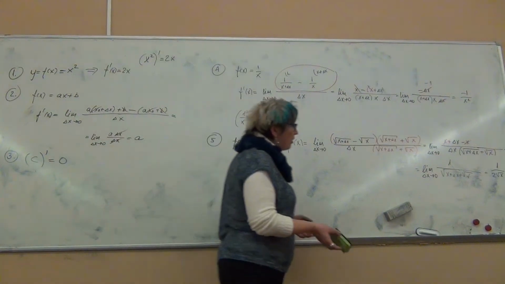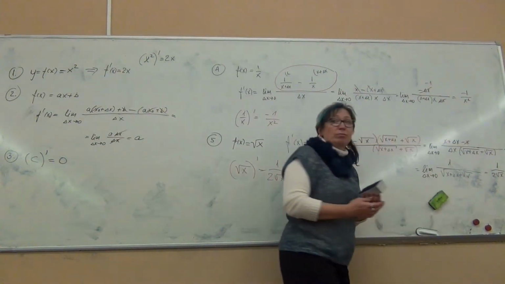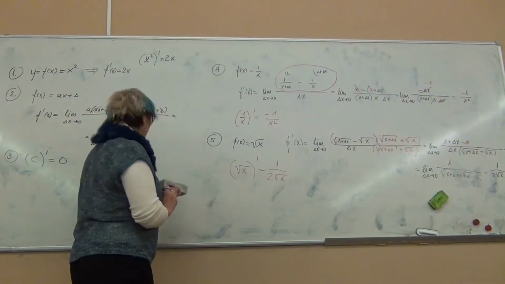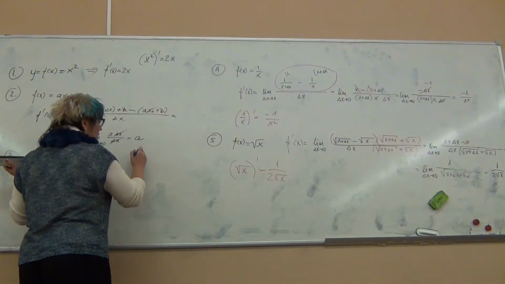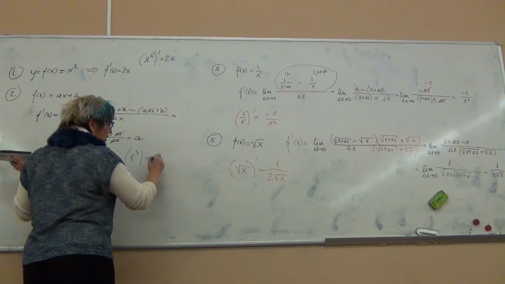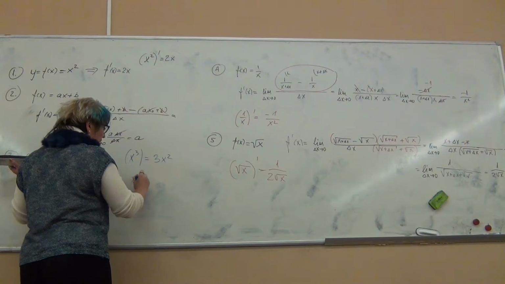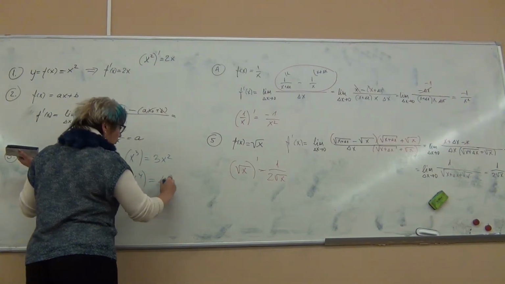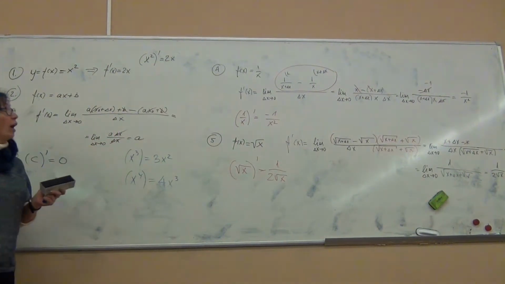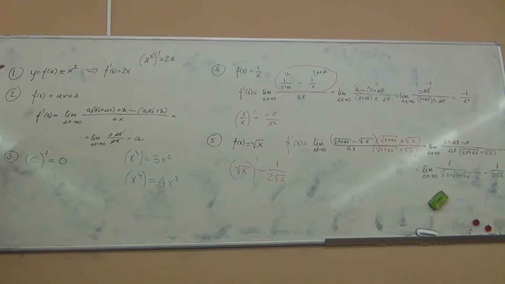So in this case, I'm simply going to tell you the derivative of x cubed is 3x squared, the derivative of x to the fourth is 4x cubed, and now those who don't know yet can deduce the law of powers of x.